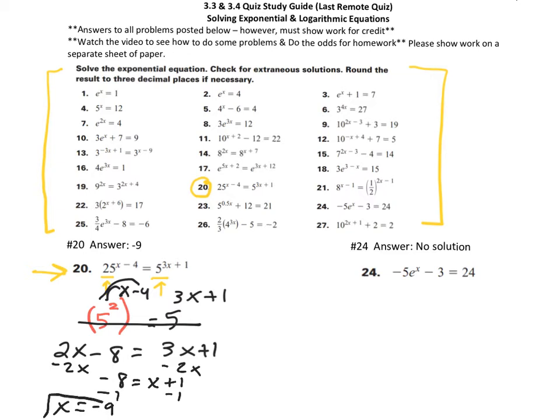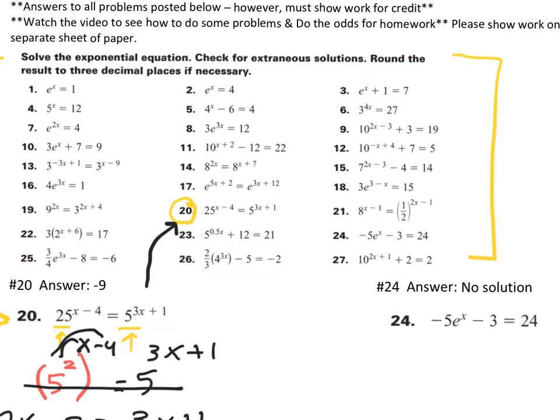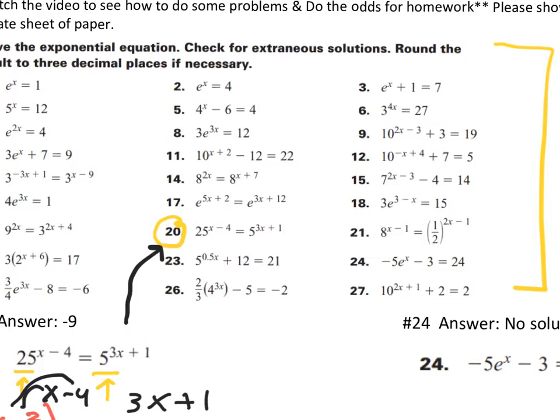Now we should always plug in to make sure it's not extraneous. And how we do that is if we go back to the problem, so if we go back to number 20 and we plug in negative 9, we would have up here 25 raised to the negative 9 minus 4.